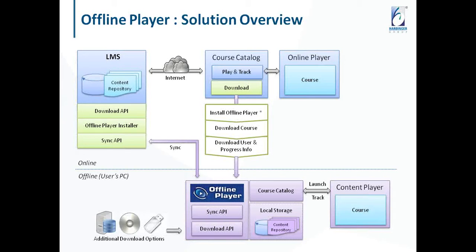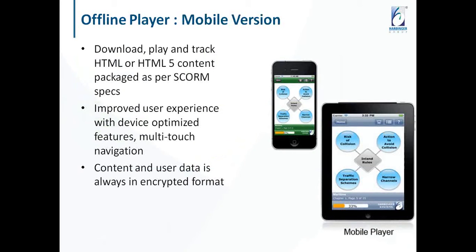Now, as we have discussed, offline player has some additional download options, like you can have it on CD, USB, or external hard drives as well. And offline player also has a mobile version to download, play, and track HTML5 or HTML content as per the SCORM specs.